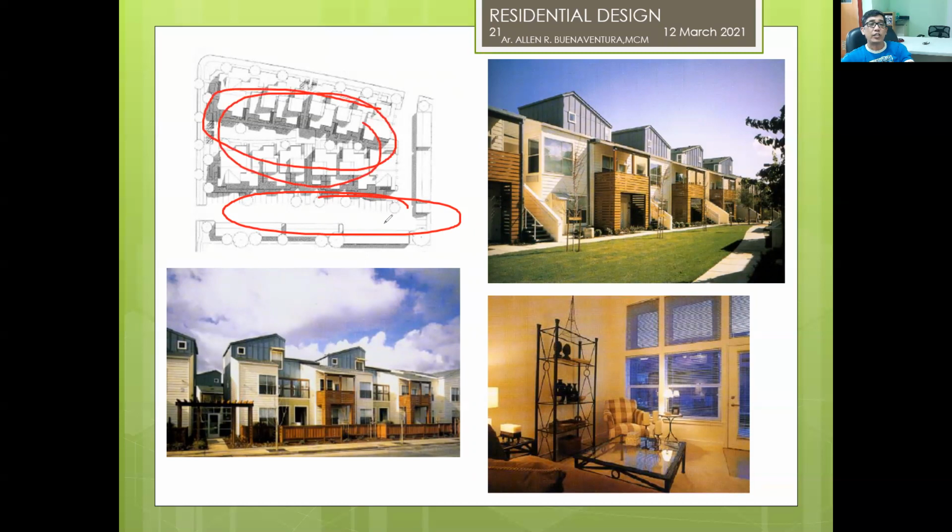Segregation of traffic: this will be the vehicular traffic, this is the pedestrian traffic, and these are the living areas. So you have living areas, you segregated vehicular, pedestrian, and then the sleeping or the residential areas.